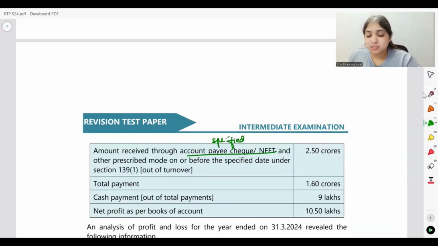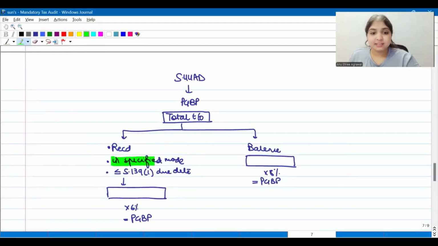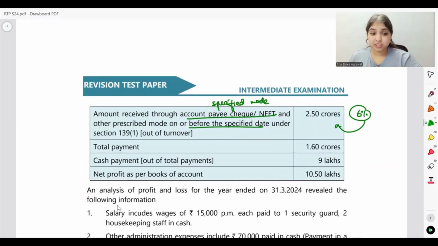So this is amount received in specified mode on or before 139(1) due date. So basically this is at 6% point. Don't you think this exactly fits under this category? It is received in specified mode within 139(1) due date. So 6% is what you will calculate of this portion of the turnover to get your PGBP.